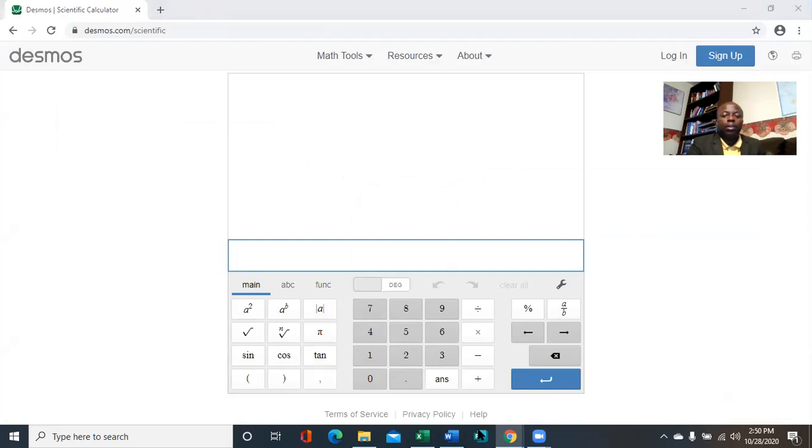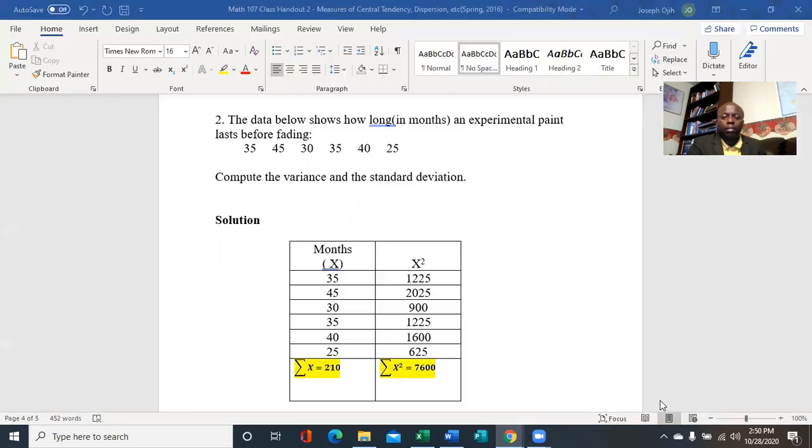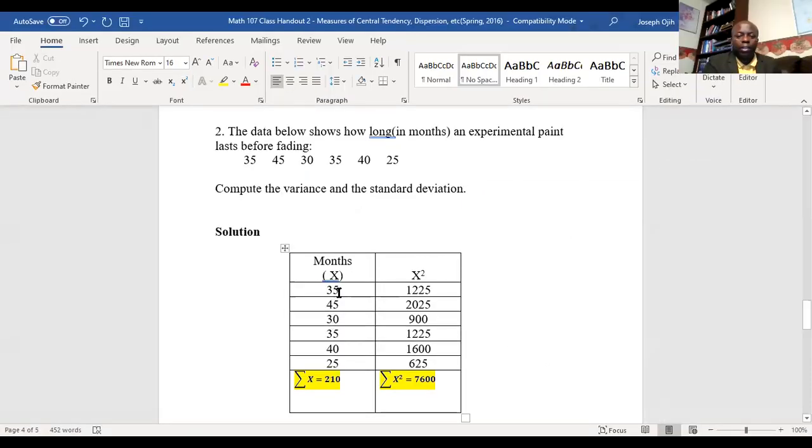Let us add all these numbers to get the 210. I have it on my paper already.